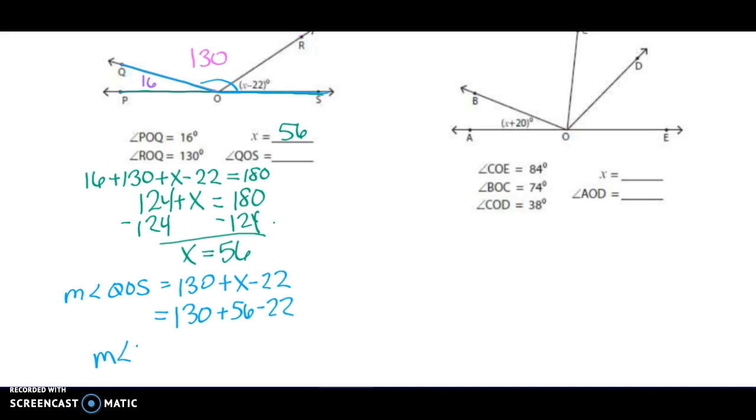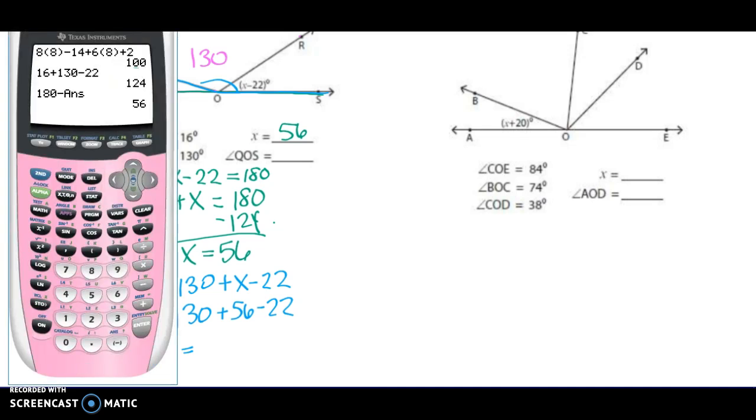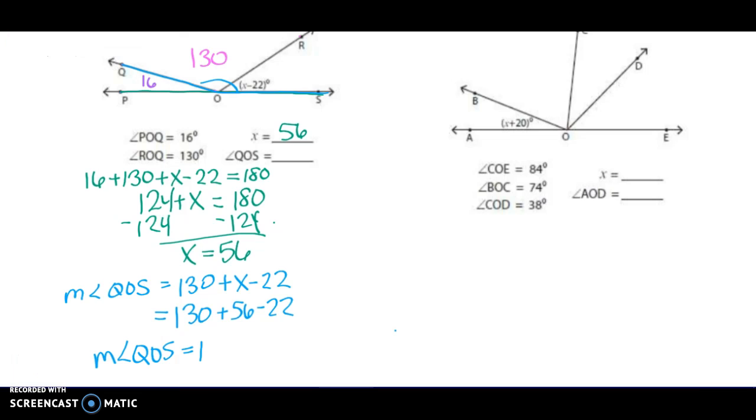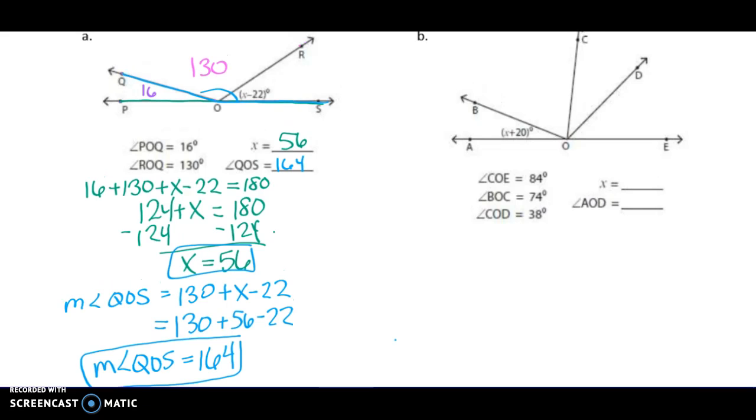So then you just have to put this into our calculator to find that QOS is equal to 164. Not too bad. Let's look at our other example.